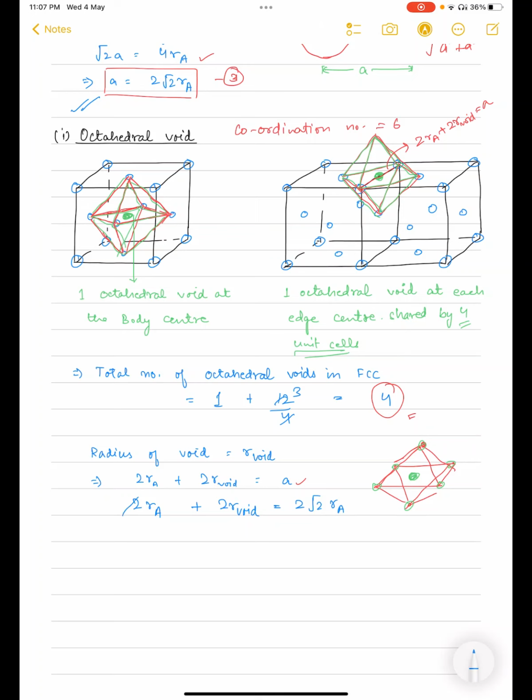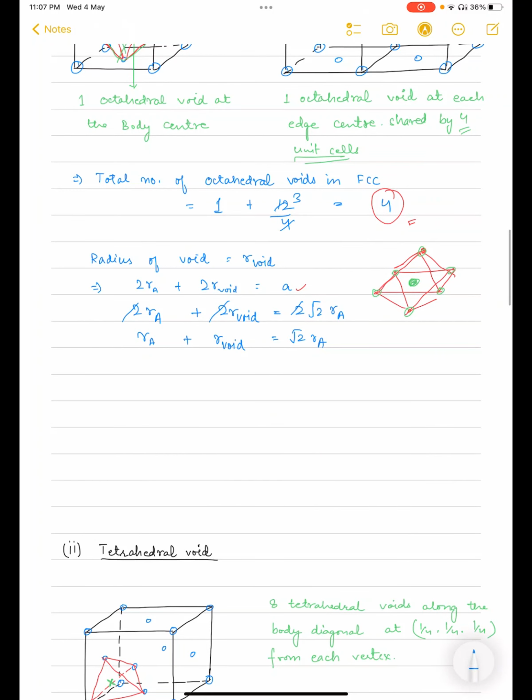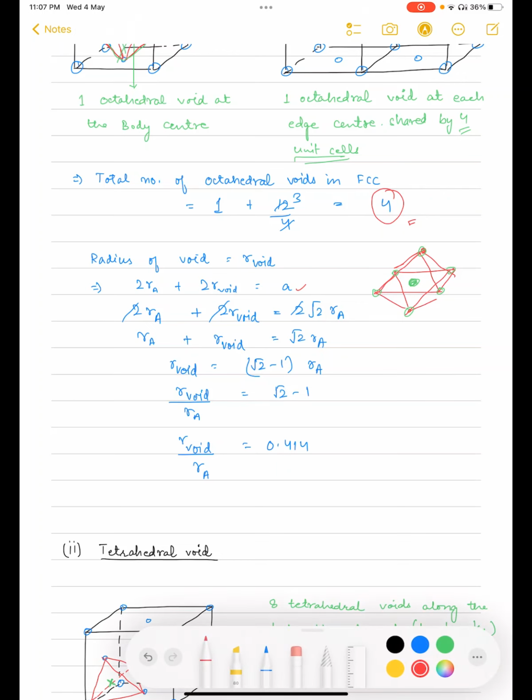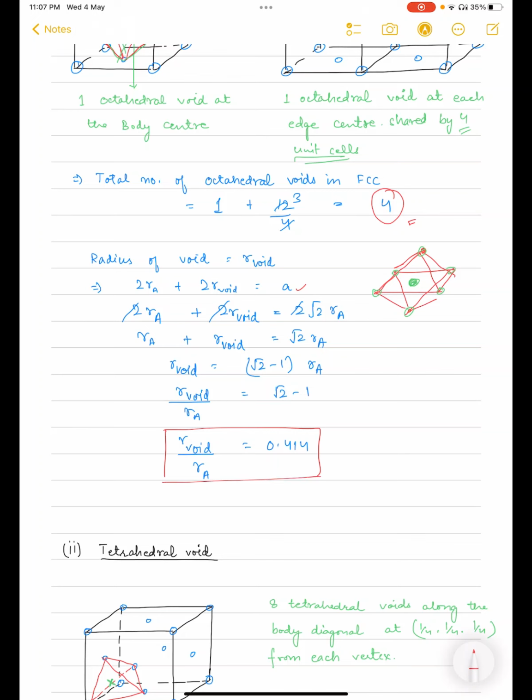Taking out 2 common, we have RA plus R void equal to root 2 RA. This changes to R void equals root 2 minus 1 times RA, and the ratio R void by RA is root 2 minus 1, so R void by RA equals 0.414. This is the ratio of the void.